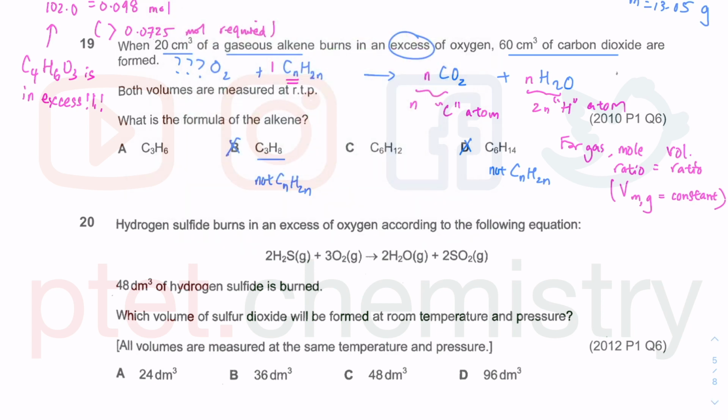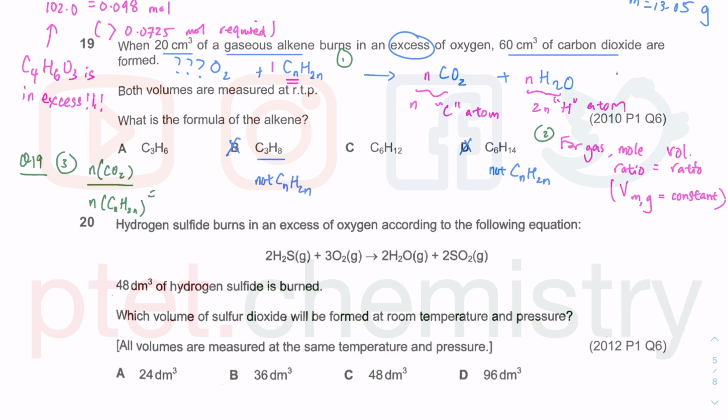We can say that the alkene, so let's see if I can find some space there. So first step, and then second step, and then third step. So question 19. The mole of CO2 is to the mole of CnH2n.